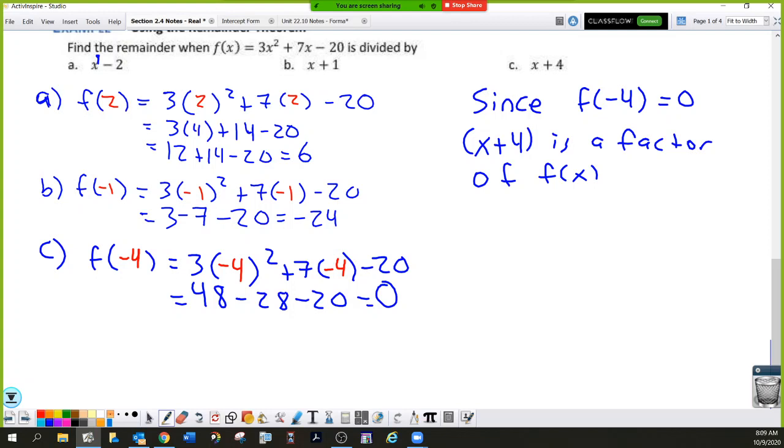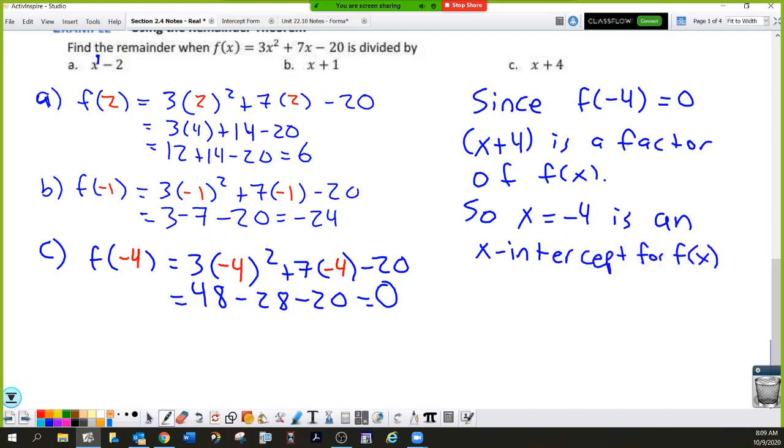More importantly, you know what else that tells us? That tells us that x equals negative 4 is one of the solutions, one of the x-intercepts of this graph. X equals negative 4 is an x-intercept for f of x.